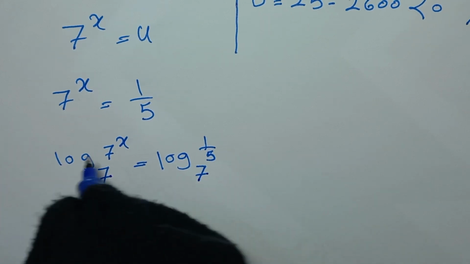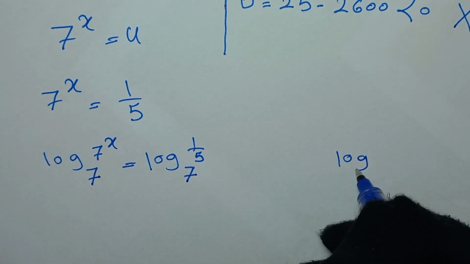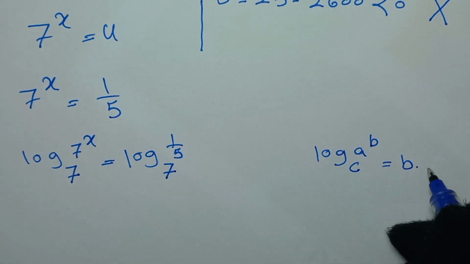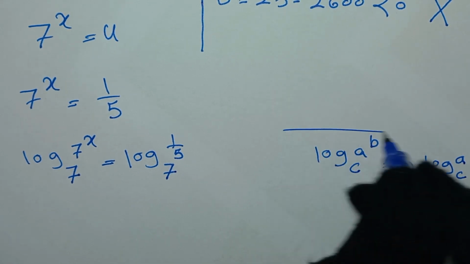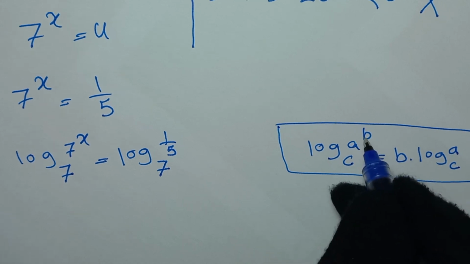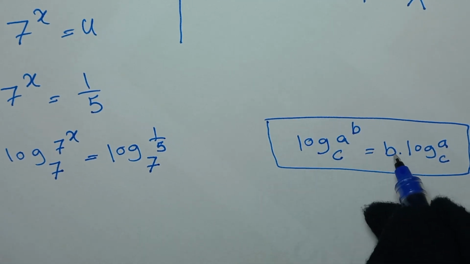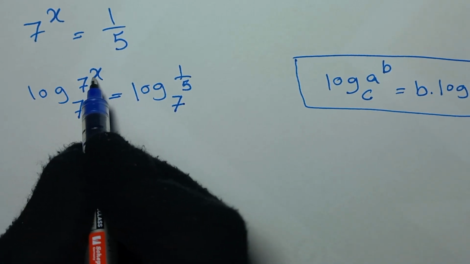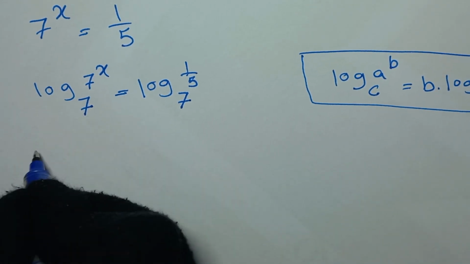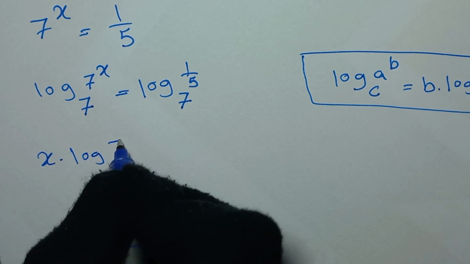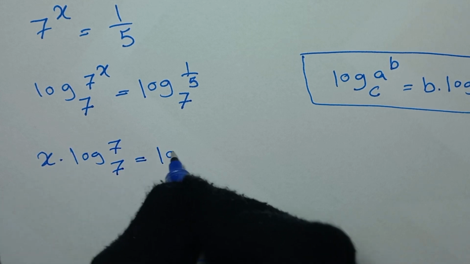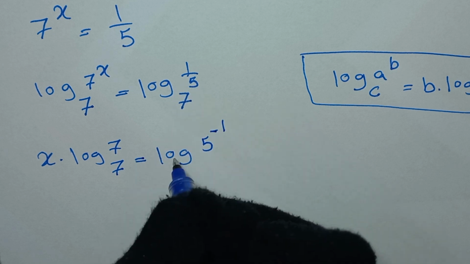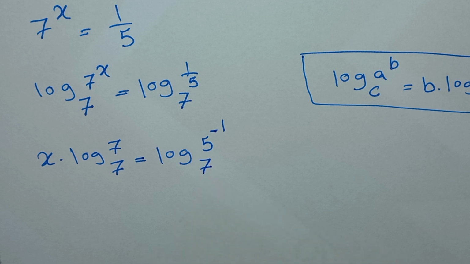And here from log rules, if we have log of a to the power of b to base c, this is equal to b times log of a to base c. Here we can take this power outside of this log, so we can take this x outside of this log, and it will be x times log of 7 to base 7 is equal to log of 1 over 5, and we can write 1 over 5 as 5 to the power of negative 1, right, to base 7.